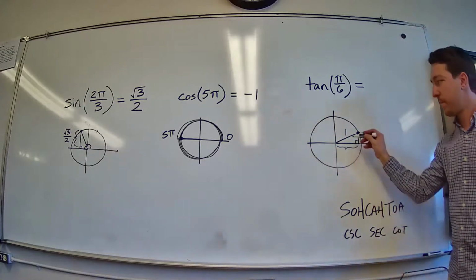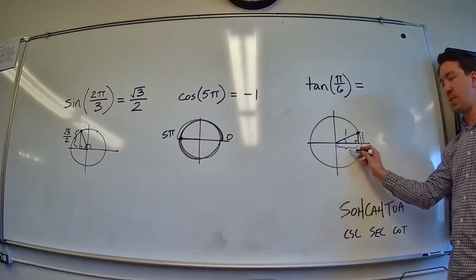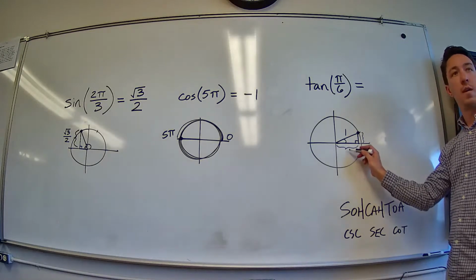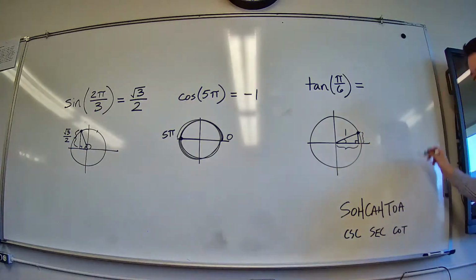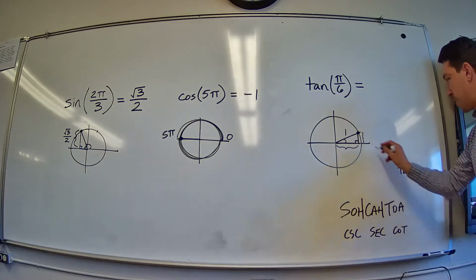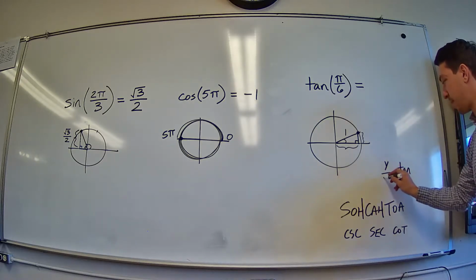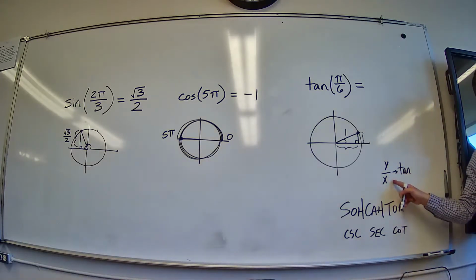On this triangle, you're going to take the opposite divided by the adjacent. The opposite is the y, and the adjacent is the x. So maybe I could have added to my collection of information that the tangent is given to us by the y value divided by the x value. Does that make sense? So it's the sine value divided by the cosine value.